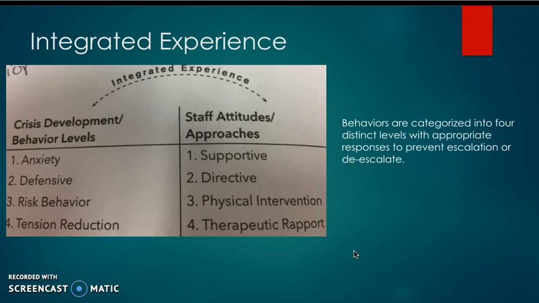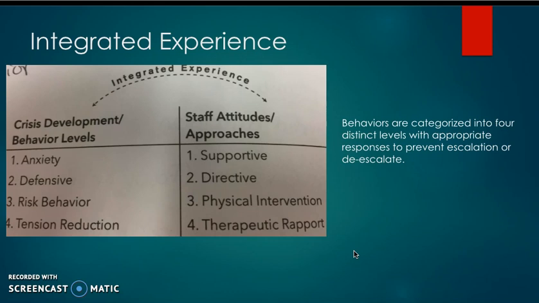Teachers can combat this crisis development in a supportive manner using empathy and a non-judgmental approach. Defensive behavior is where a student is beginning to lose rationality, and we can be directive with these students and decelerate escalating behavior.